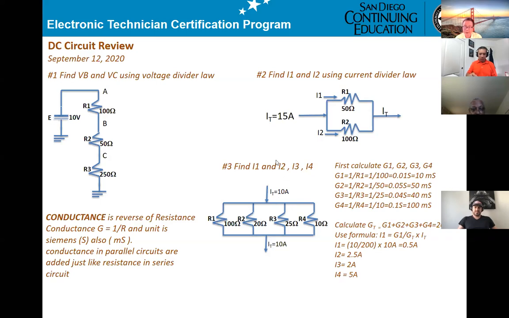First thing, we want to get the VB and VC using the voltage divider law.